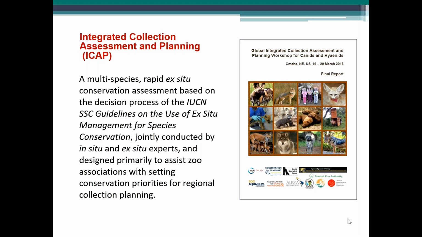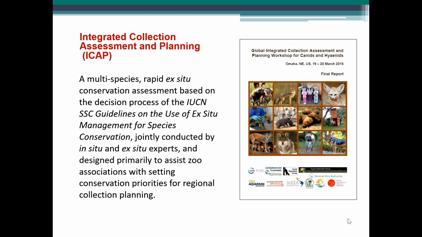It's meant to be a multi-species rapid ex situ conservation assessment. So we apply the steps of the guidelines, but we apply them very quickly for a group of species, often a collection of species that are managed under one heading in zoos and aquariums. And so this helps zoos, for example, with setting their priorities for regional collection planning.